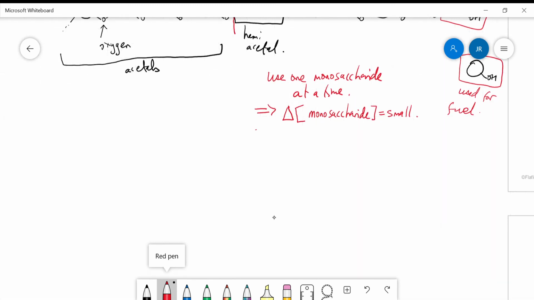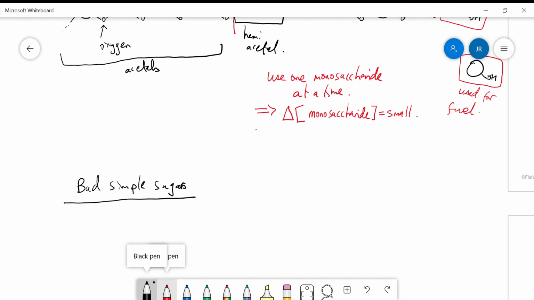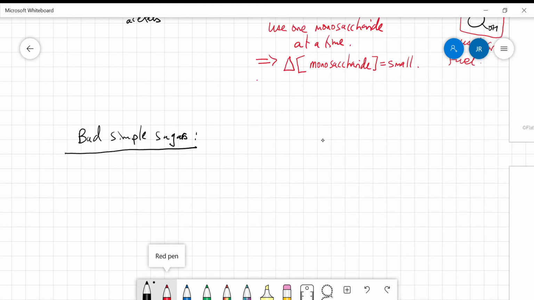Let's look at the bad guy. Let's look at the bad simple sugars. Well, as you might expect, here all the linkages are broken.